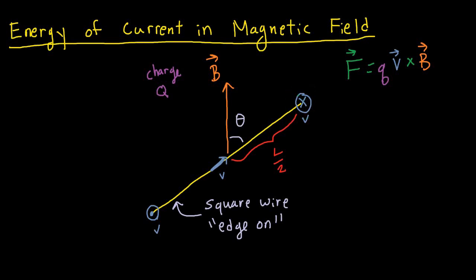So let's do the right-hand rule to figure out the direction of V cross B. So I'm currently doing the right-hand rule, and I'm figuring out that V cross B points this way. And actually, just for this example, let's say that the total charge Q is greater than 0. So force points in the same direction as V cross B. So okay, the force here is pointed horizontally like this.